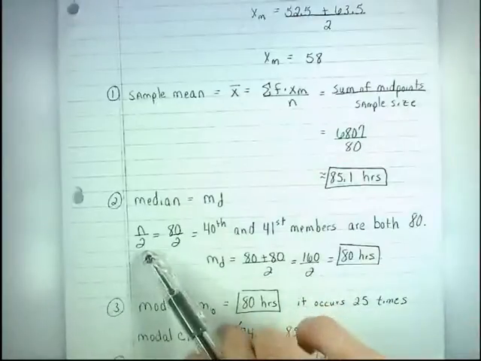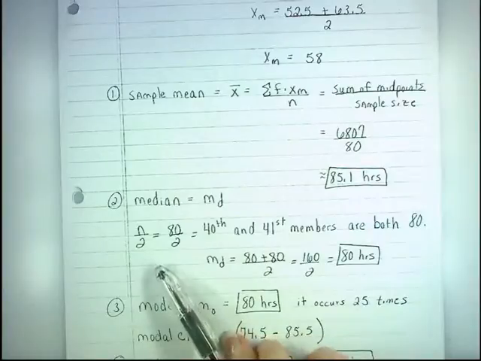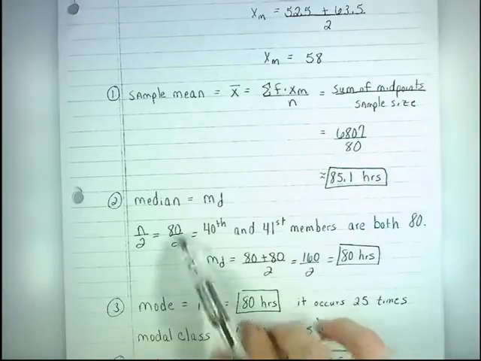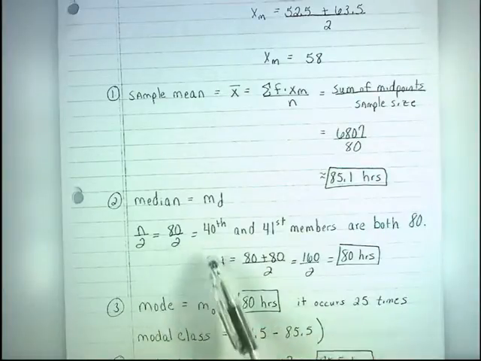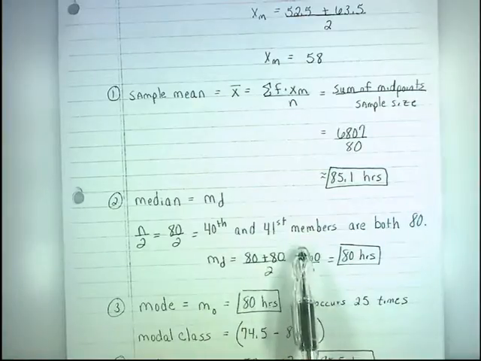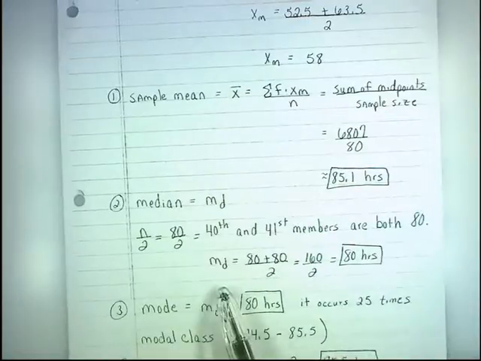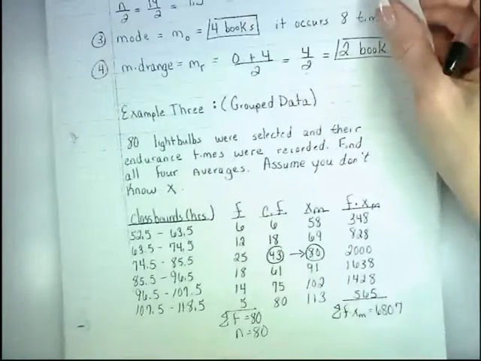The median says that we have to find the midpoint that falls in the middle of a data set. And that's going to be the locator 80 over 2. So we have to locate the 40th and 41st midpoints and average those midpoints together to receive our median. So the cumulative frequency column will come in handy. First, you will bring over the 6.